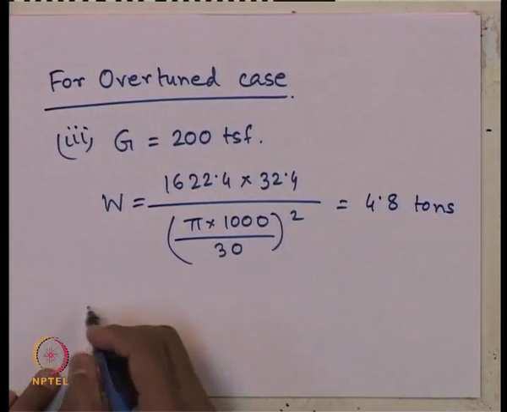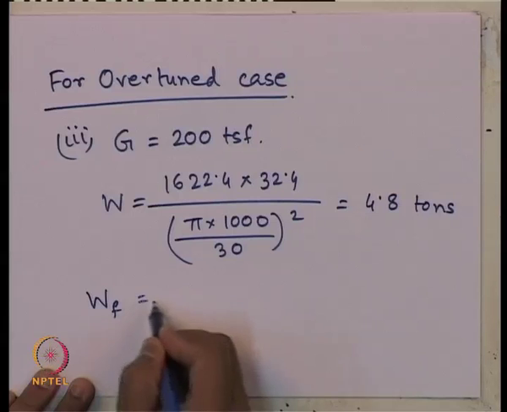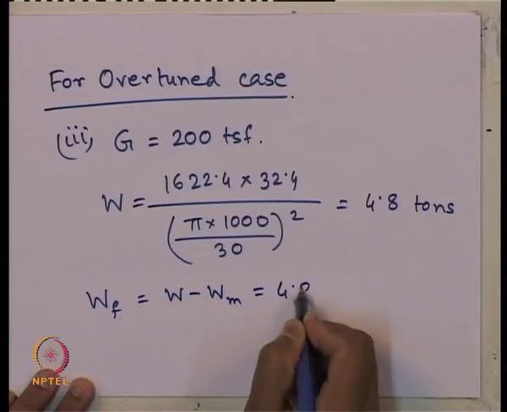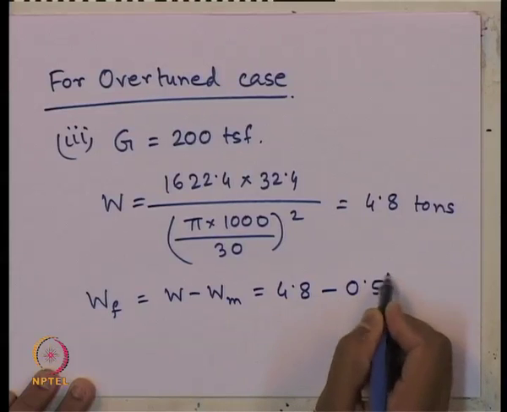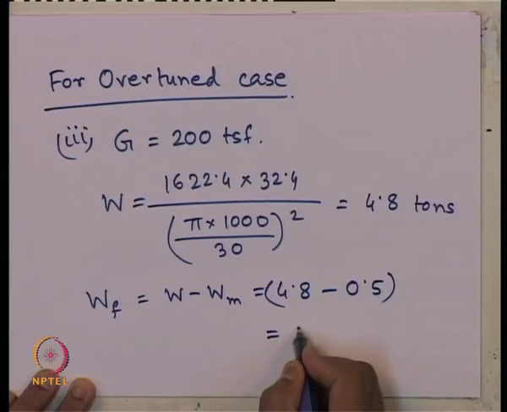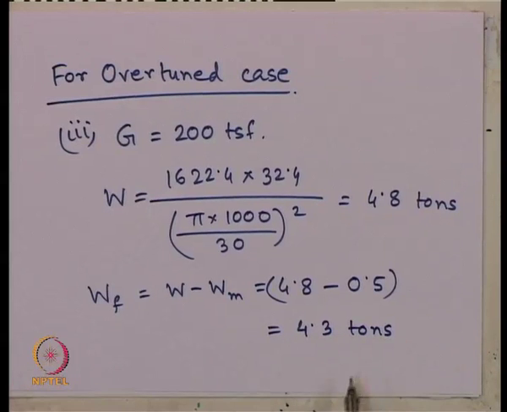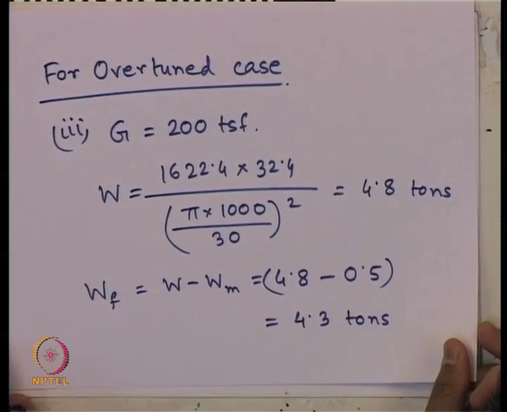Okay. So, in this case weight of foundation required is W minus W m, 4.8 minus 0.5, 4.3 tons. Now, this much weight is required to maintain no resonance criteria, from which what we will get?